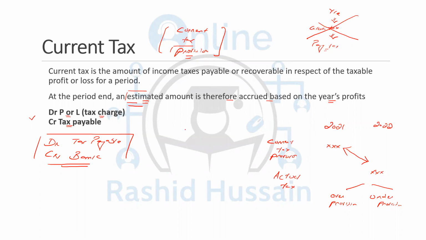Now, the point to be noticed is that this was the current tax provision which you calculated over here. And when we say the estimated one, that simply means this is your accounting estimate. The judgments are involved when you are estimating the tax.